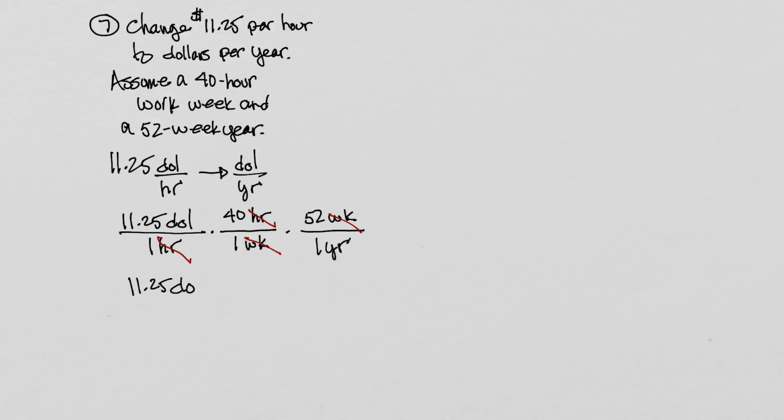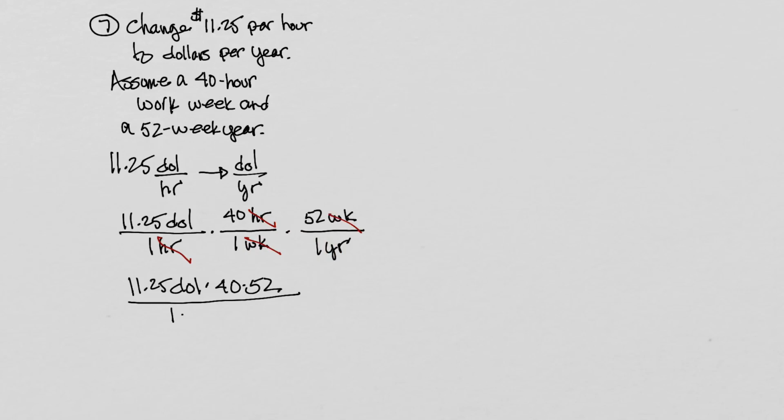$11.25 times 40 times 52, right? That's our top, $11.25 times 40 times 52, over, so here's our fraction bar, over what? 1 times 1 times 1 year.